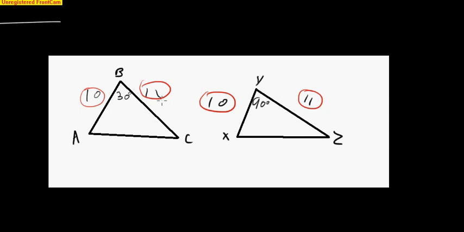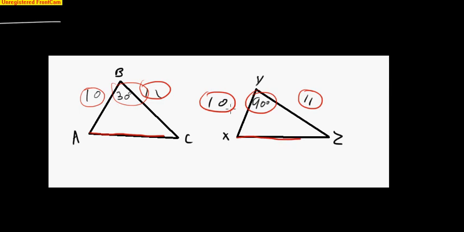Now the included angles, the 30 and the 90, are different. So that means that we're going to use the hinge theorem. I think, maybe the converse. So we know that 30 is less than 90. So we know that AC, right here, is simply going to be smaller than XZ.